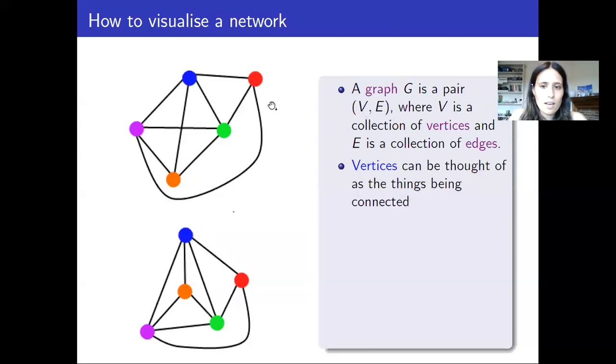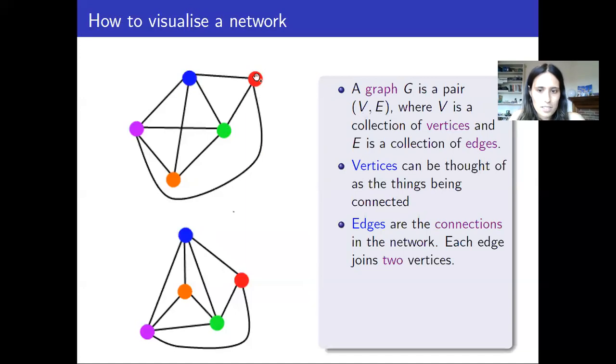The edges are the connections in the network, and each edge joins precisely 2 vertices. Now, there are people who study things called hypergraphs, and in a hypergraph, an edge can connect more than 2 vertices. But for everything we're talking about today, we're just going to be thinking about graphs where an edge is just connecting 1 pair of vertices.